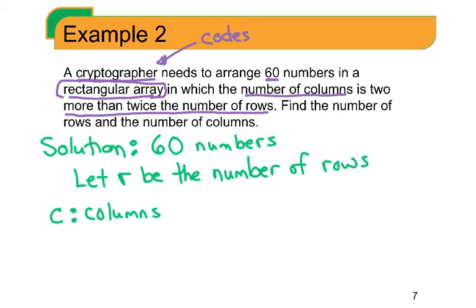What do we know about columns? C is 2 more than twice the number of rows. Okay, so I have R for the number of rows and 2 plus 2R for the number of columns.